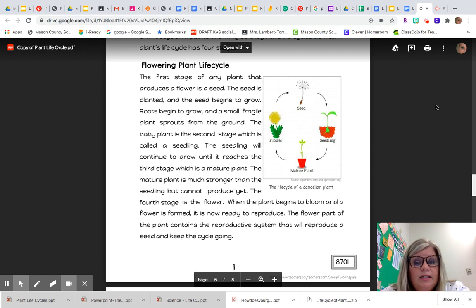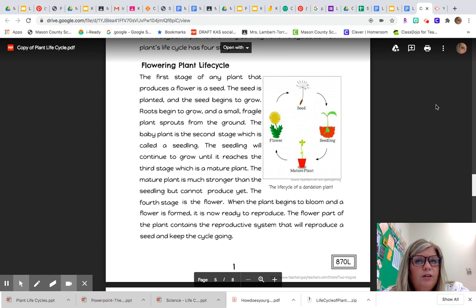The seed is planted, and the seed begins to grow. Roots begin to grow, and a small, fragile plant sprouts from the ground. The baby plant is the second stage, which is called a seedling. The seedling will continue to grow until it reaches the third stage, which is a mature plant.